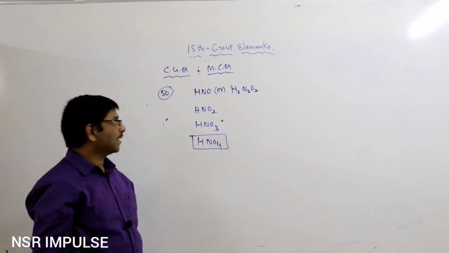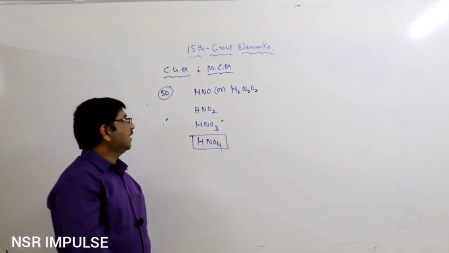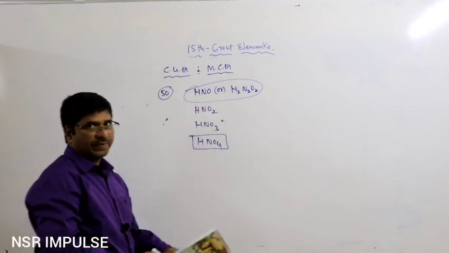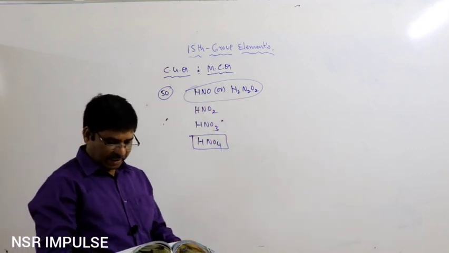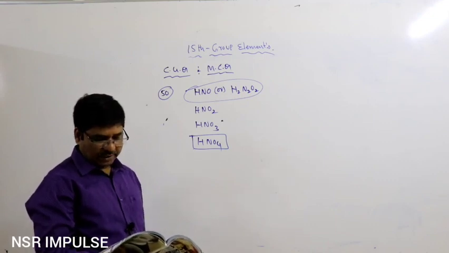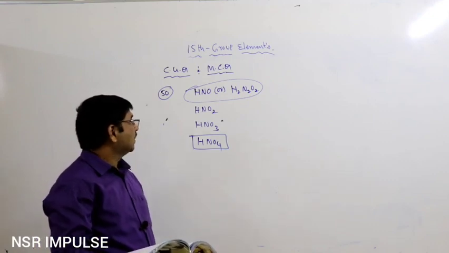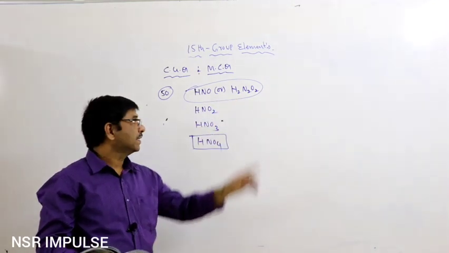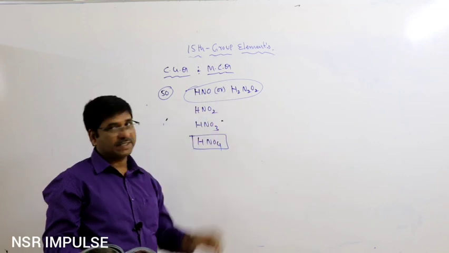So it is called pernitric acid. You want the number of OH groups in this structure. In that structure, the given options are 1, 2, 3, 4 and so on. When we observe this, it is more stable in this state, not this state.